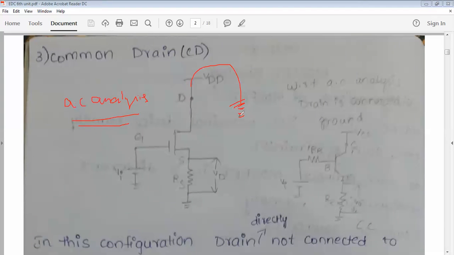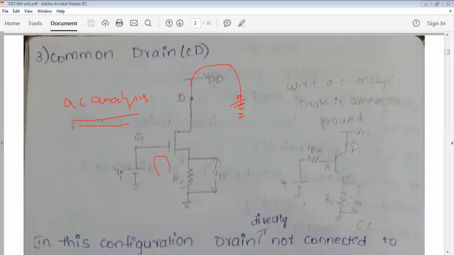That means for AC analysis, the drain terminal is connected to ground, and it is common to input and output. The input is gate and ground, and the output is source and ground. Since the drain is the ground, we can say this is the common drain configuration. Once again, with respect to AC analysis, the drain terminal is indirectly connected to ground.